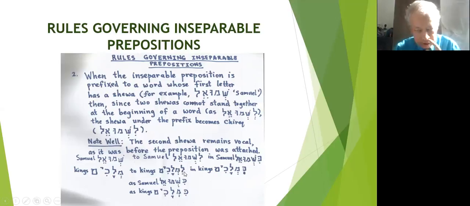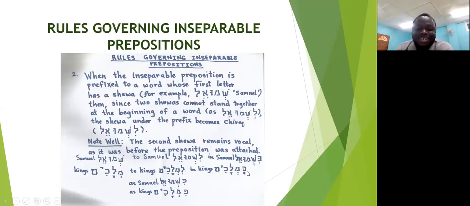Well, we have the same thing happening here when you have the simple schwa under lameth coming side by side with the simple schwa under the first syllable of Melakim. The simple schwa under lameth has to be lengthened to the short I sound, the short hirik or kirik. So you have le Melakim, to kings.